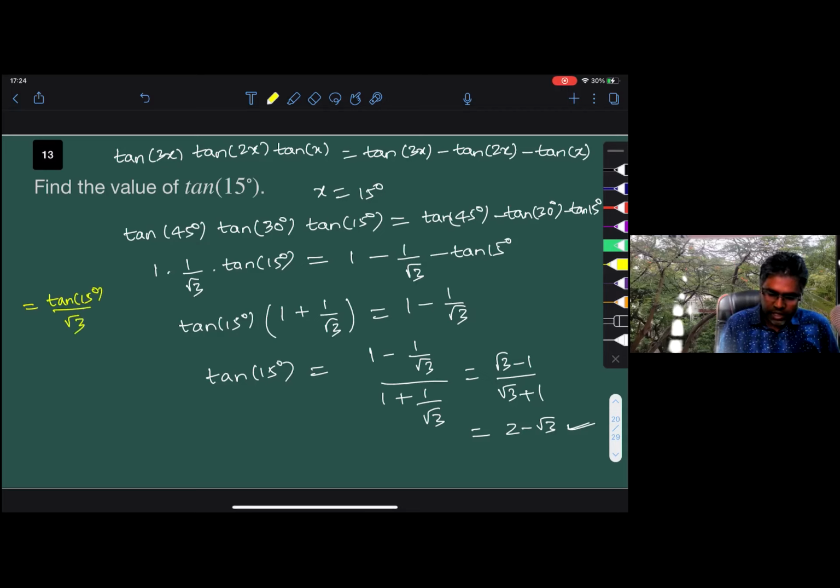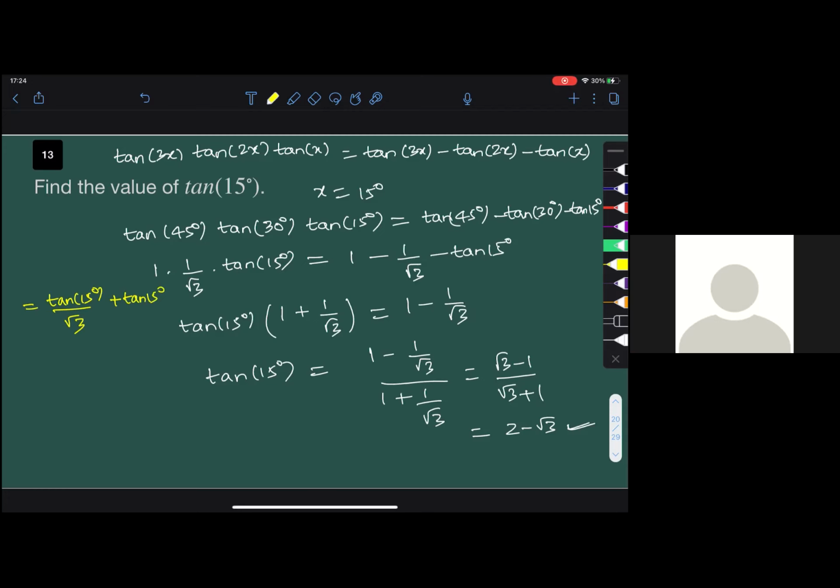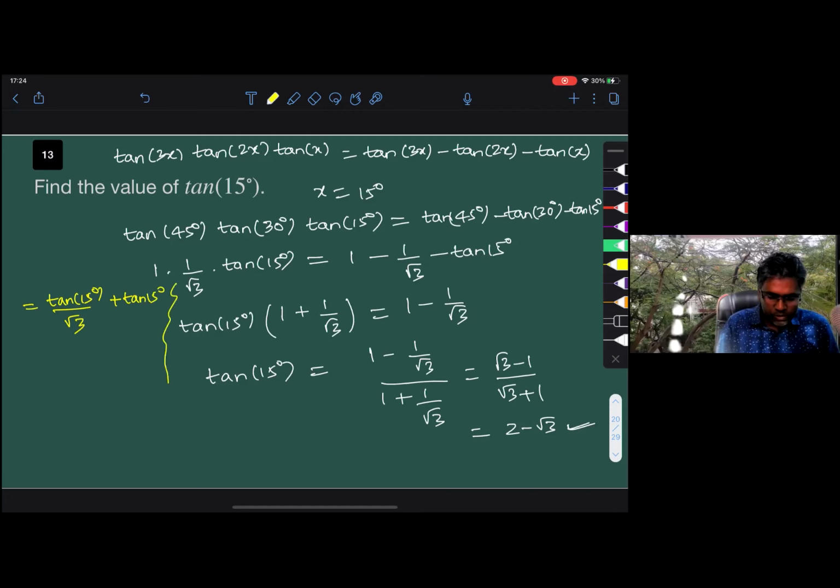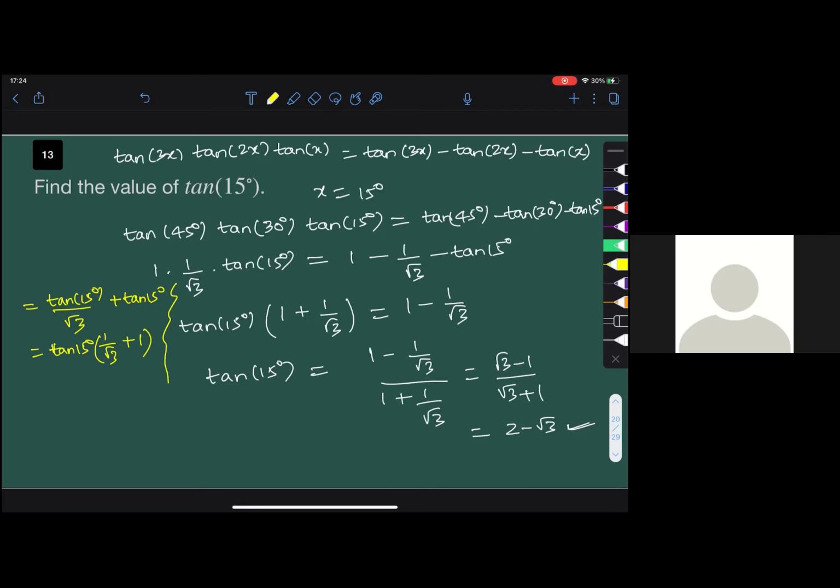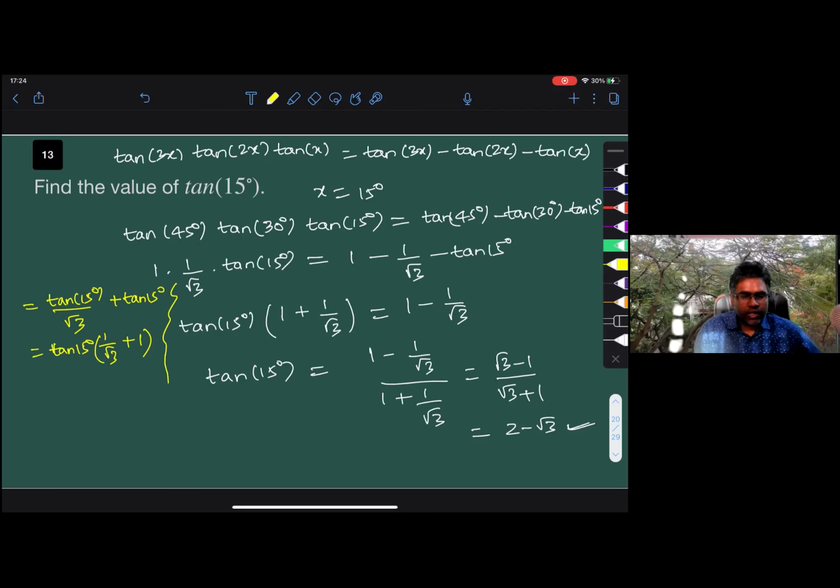If I bring that tan 15 to the left, it will be plus tan 15. Now here I will take tan 15 common. So in the first term, I have 1 by root 3. In the second term, I just have 1. You see that? You understood? If there are no other questions, let us move on.